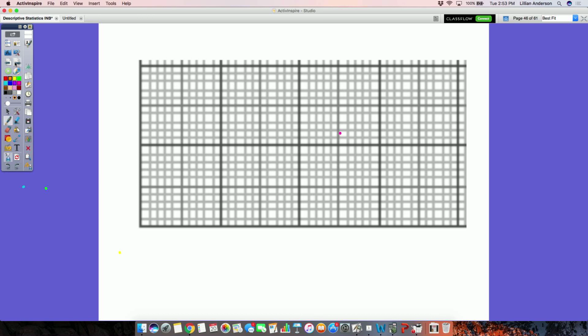Okay? Of course, we need our x and y axis. We are going to need to label these. What's going to go on my x-axis? The number of cars that were parked.